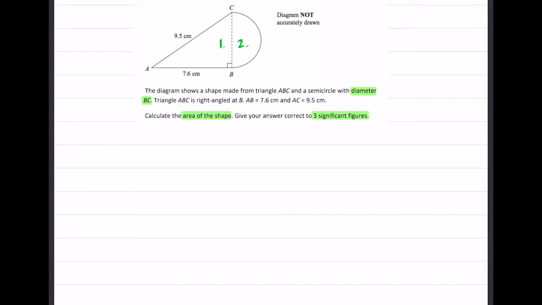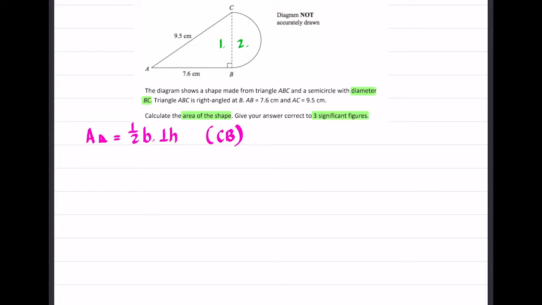Alright, now in order to calculate the area of this triangle, the area of a triangle is equal to a half base times perpendicular height. So now we have the 7.6, which could either be the base or the perpendicular height, depending on how you turned your triangle. So that means that we require the length CB.